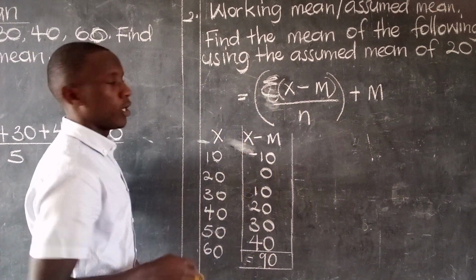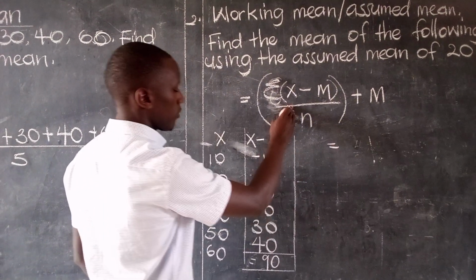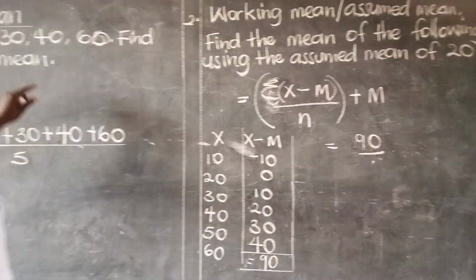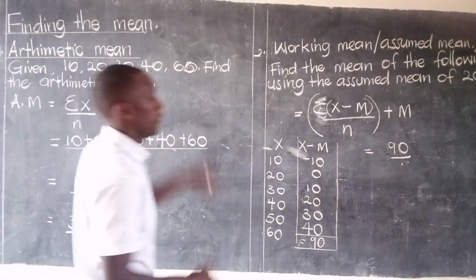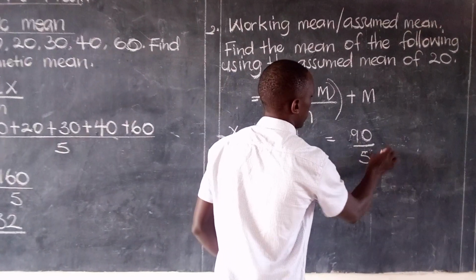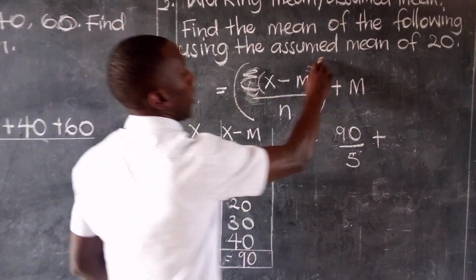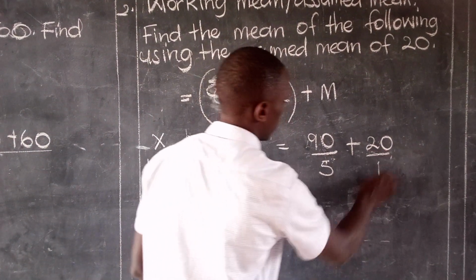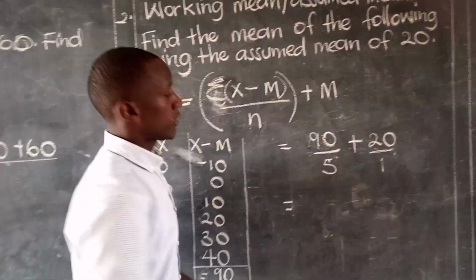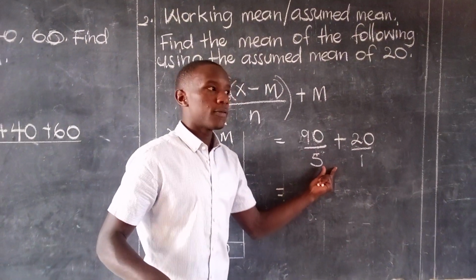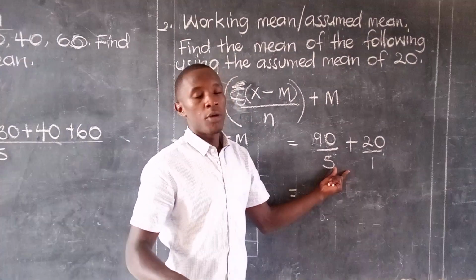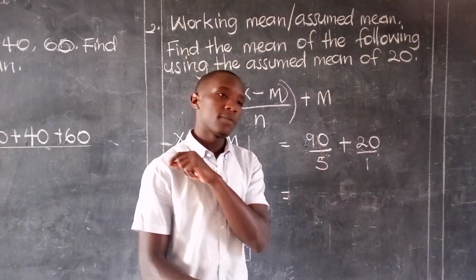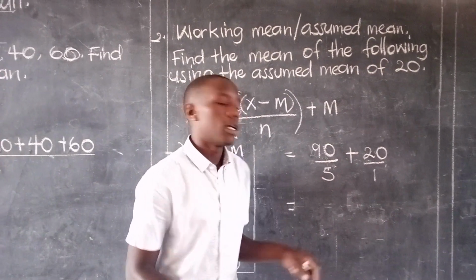Then going back to the formula, we shall have the summation 90 out of the number of observations, or the frequency, which is 1, 2, 3, 4, 5, so 90 out of 5 plus the assumed mean, which is 20. However, it's the same as 20 out of 1. Now, we are adding fractions of different denominators. I remember we did it. Check down in my videos that I uploaded some time back and you'll see that video.